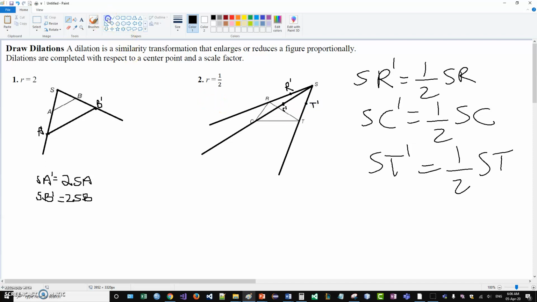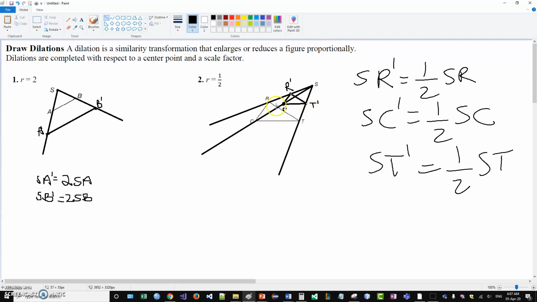And then we connect the dots. And as you can see, these two triangles are similar, okay?